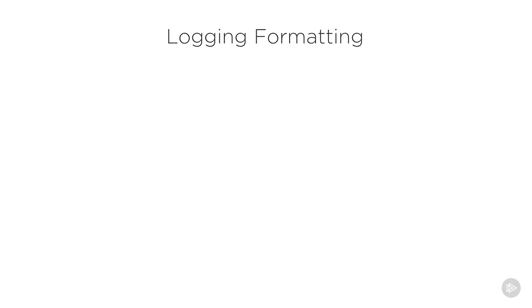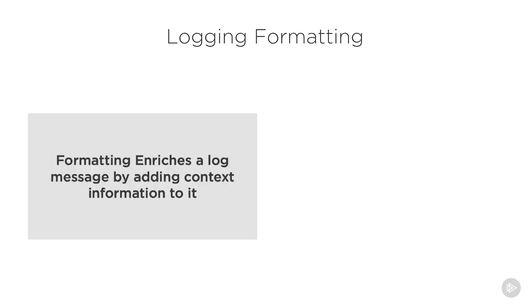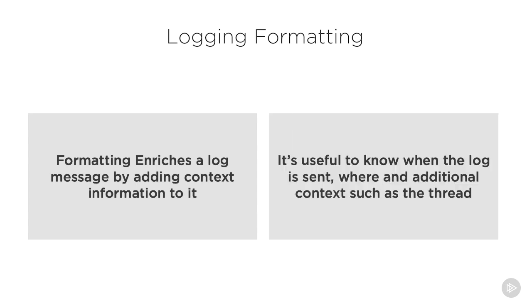Great. The second concept we should understand is the logging formatting. The log formatter basically enriches a log message by adding context information to it. It can be useful to know when the log is sent, where, meaning the Python file, line number, method, etc., and additional context such as threads and process, which can be extremely useful when debugging a multi-threaded application.